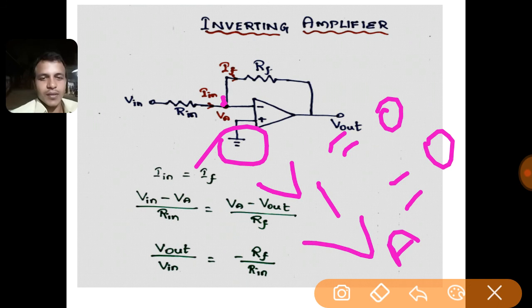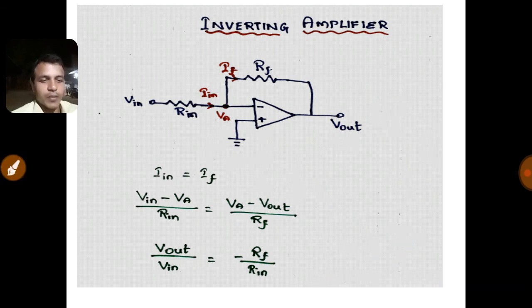I hope you understand what is meant by an inverting amplifier and the concepts related to virtual ground. Here we have applied the characteristics of the ideal operational amplifier and the characteristics of the practical operational amplifier, analyzed these things, and derived the gain of the operational amplifier.